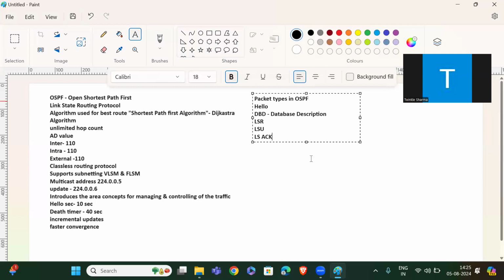So, what is the router ID in OSPF? Router ID is the name of the router which looks like an IP address, but it is not an IP address, rather it is a name. It is elected by some rule. The rule for router ID is to check the maximum IP address of loopback, and the highest loopback will become the router ID.